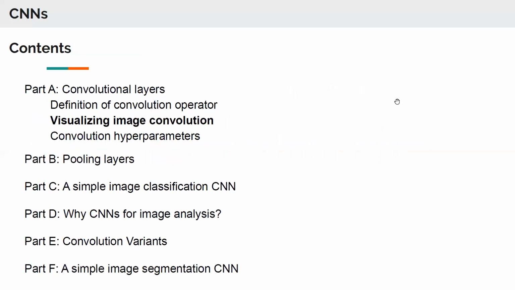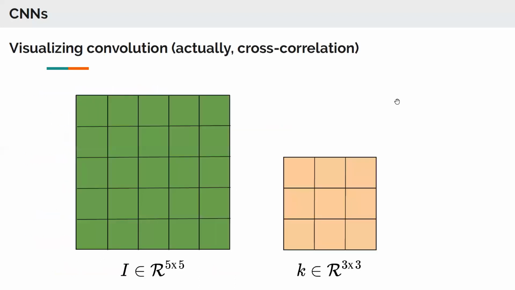Now that we know the definition of the convolution operator, let's try to get a bit of visual understanding of how it actually works on images. For this, let's consider a 5 by 5 input image and a 3 by 3 convolutional kernel. We will look at cross correlation.